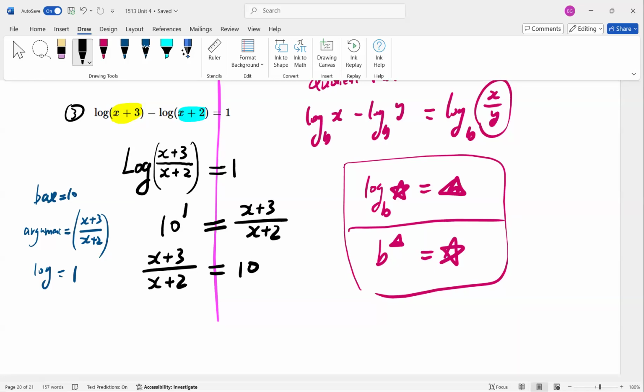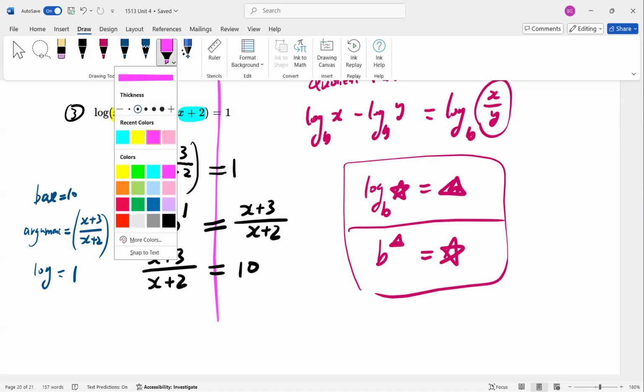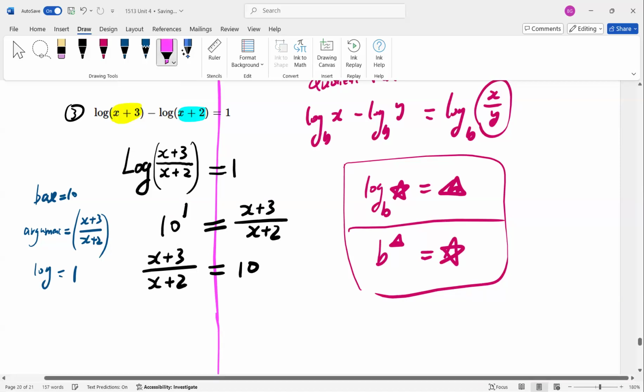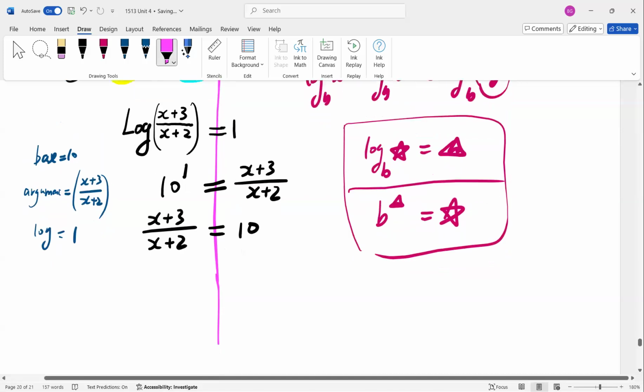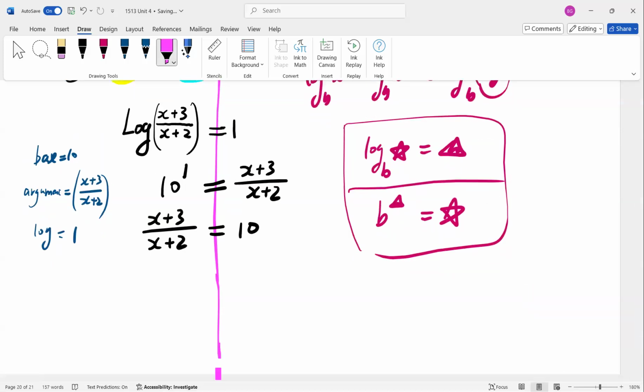This is actually a rational equation. Rational equation, we want the right side to be 0, remember that? We are solving exponential or logarithmic equations, but actually we are using other types of equation solving skills.